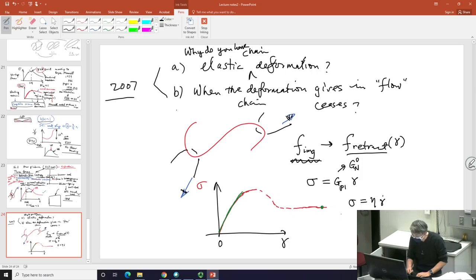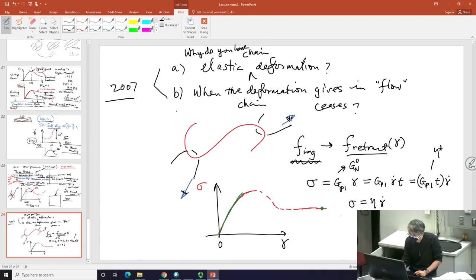So I just want to persuade you that I can do it either way, in fact. I can do it both ways. For example, this I can write as gamma dot times T, and that looks like a viscosity of some sort, called eta plus.